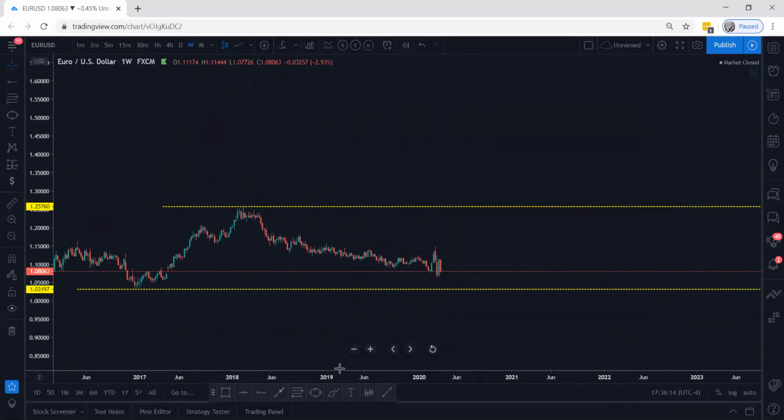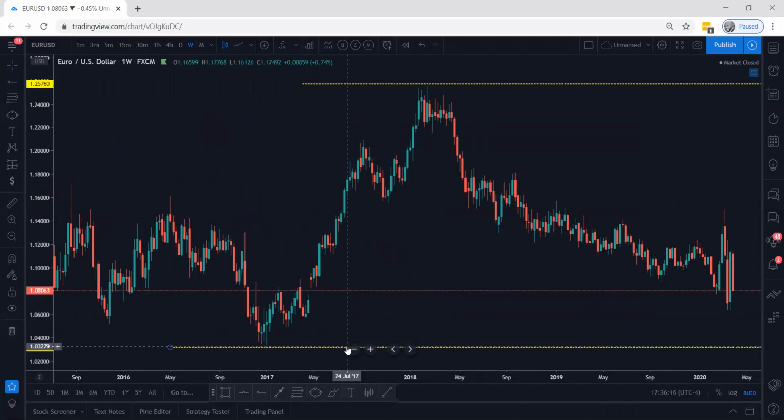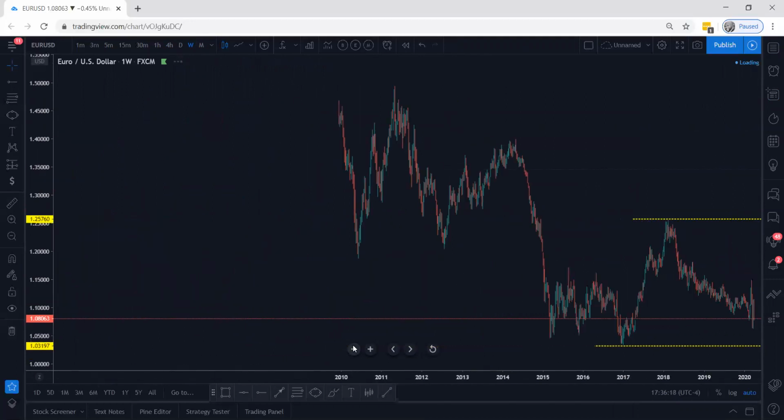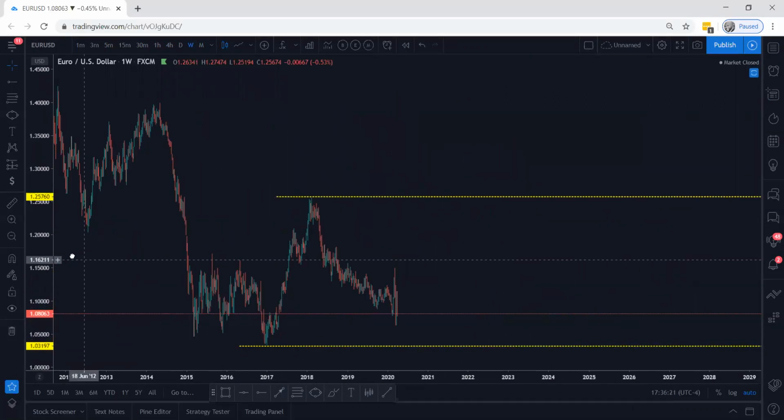Then I'm going to go down to the weekly and reset my chart, scrunch it in nice and tight.